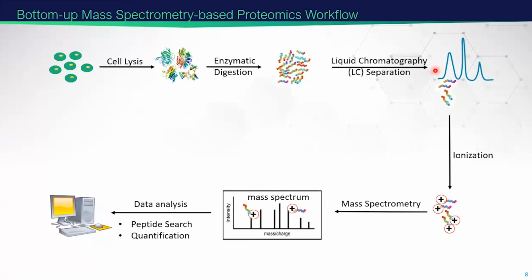Then you can send the peptides into the liquid chromatography, which separates the peptides into groups of peptides. You can analyze those peptide groups further by mass spectrometry. Later you will have data analysis tools to analyze the mass spectra and match those to peptides.